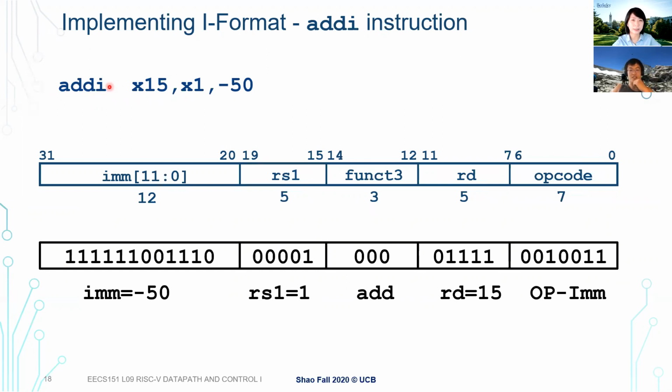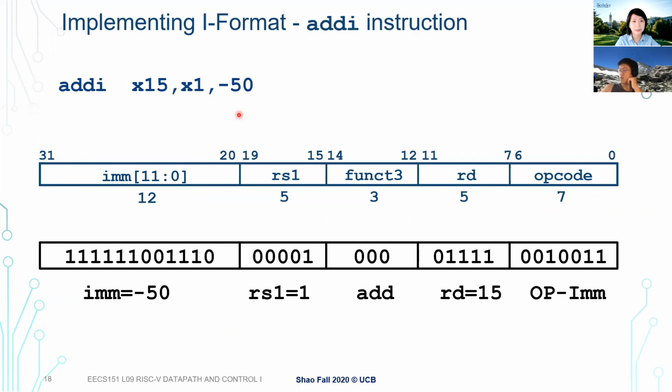Here we mentioned that instead of 3 registers, we have 2 registers. Again, the first one is always the destination register, so X15. In this particular example, X15 is our destination register, and we have 1 source register and another operand that is an immediate value. So in this case, this is our I-type instruction format. We have 2 registers, 1 destination, 1 source, and an immediate.